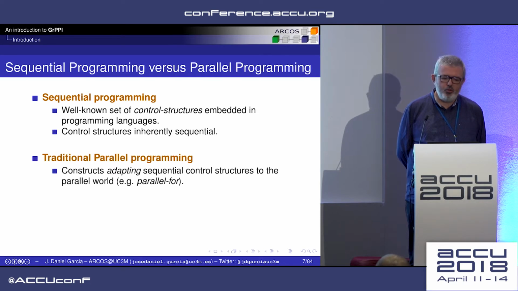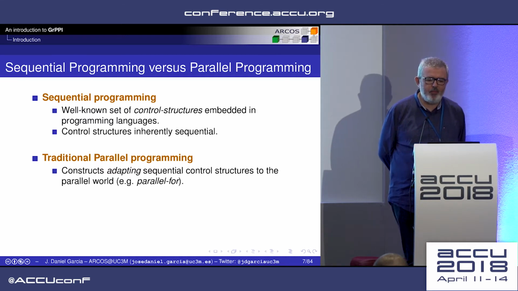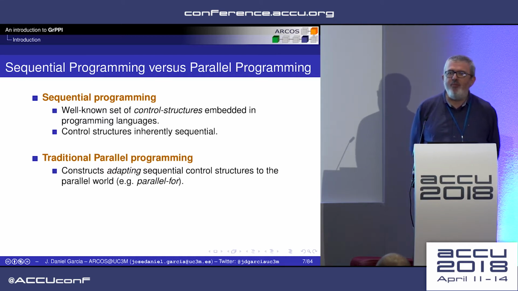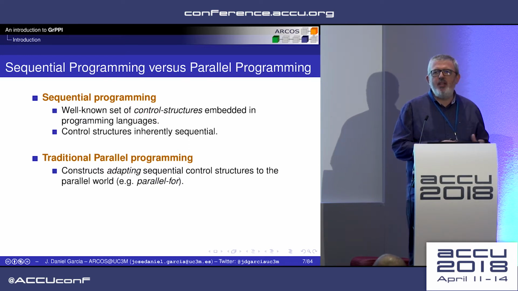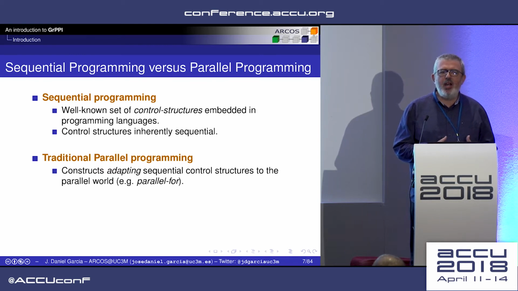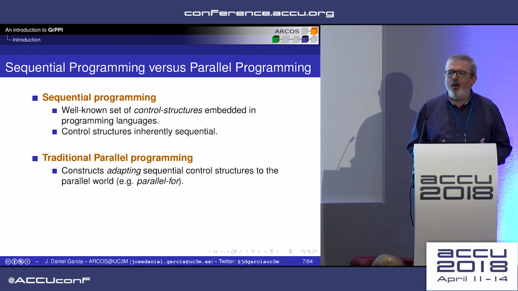Now, when you go to traditional parallel programming, what we have mostly are constructs that try to adapt and contort the already existing sequential control structures to the parallel world. And probably the best example of this is the OpenMP parallel for.